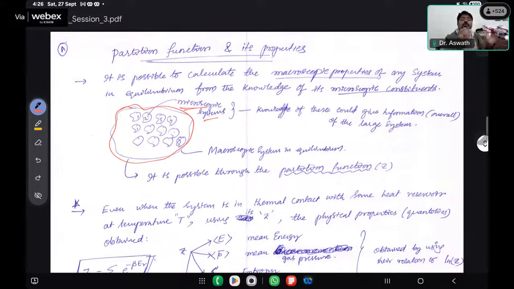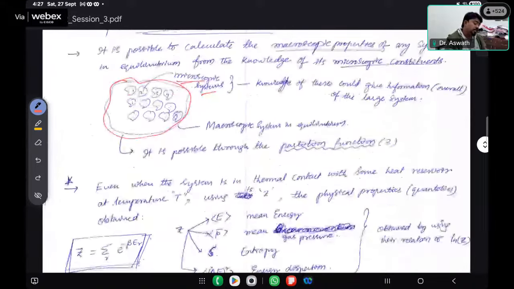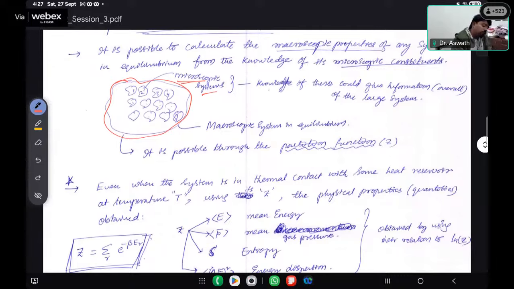Macroscopic system means a clump of solid. Inside that, there are atoms. So each atom is microscopic. Now, there is a statement here. Knowledge of these microscopic systems could give information about the overall large system. You cannot go the other way around.